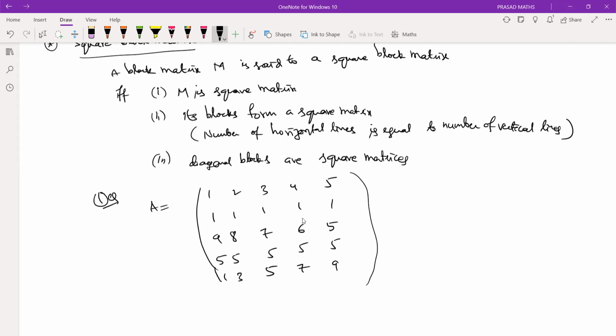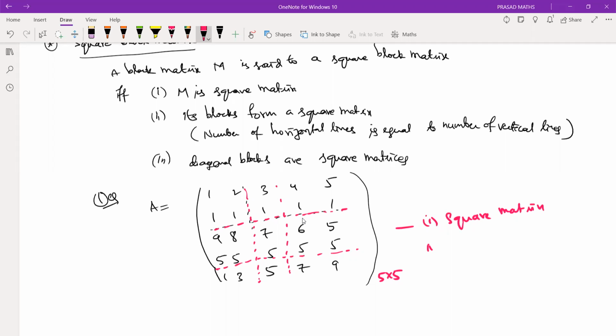Suppose your block matrix is given like this. The matrix itself is a square matrix. Why? Because 5 rows, 5 columns. It satisfies the first condition.